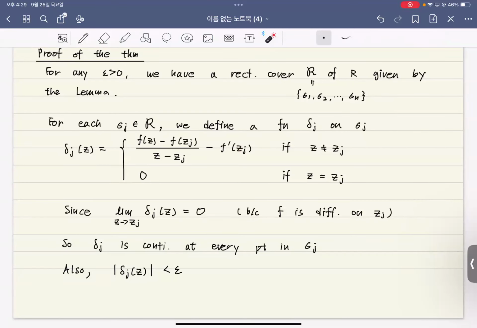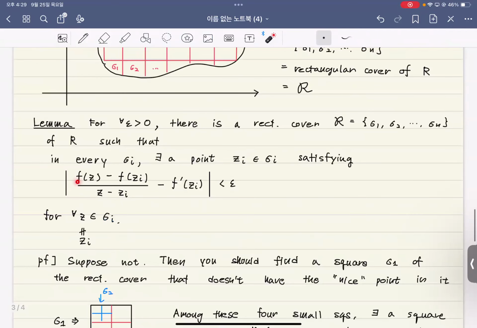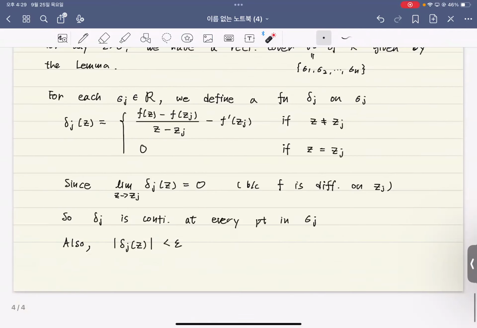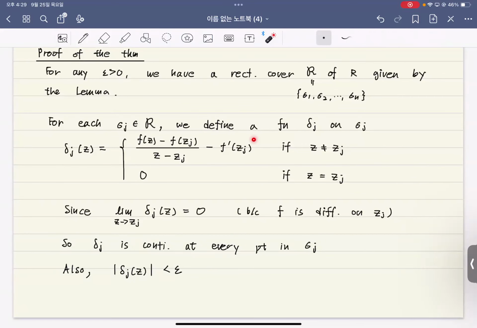Because we are choosing the point as a nice point, and our lemma guarantees that the magnitude of this is less than epsilon. And when z is zj, which is 0, clearly this is also less than epsilon. So therefore, this inequality is true for all z in this square.